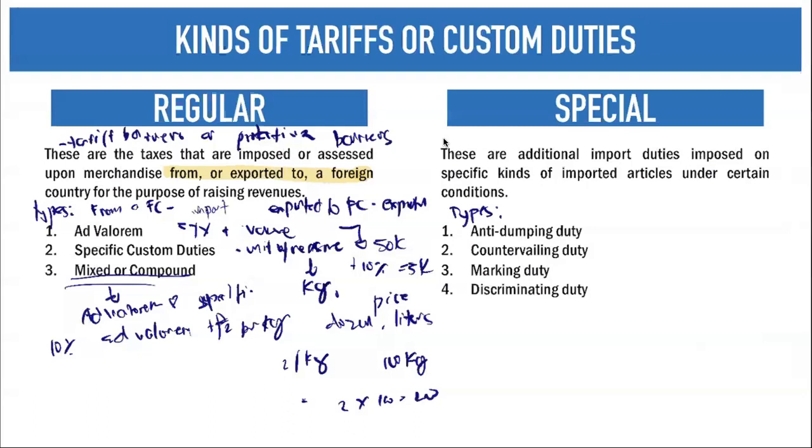This anti-dumping duty happens if ever an exporting country dumps its product here at a lower price, less than the normal value.